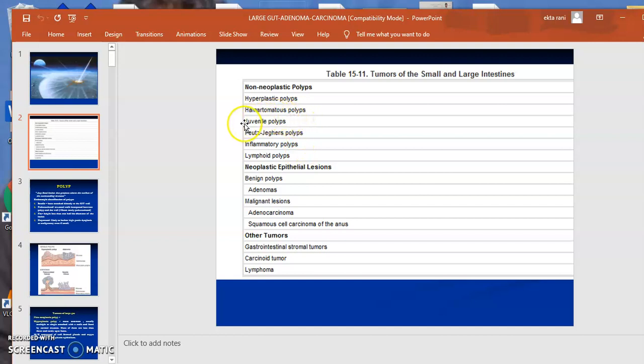And these juvenile polyps and Peutz-Jeghers polyps are under the category hamartomatous polyp. So, non-neoplastic polyps are hyperplastic polyps, hamartomatous polyps, inflammatory polyps, and lymphoid polyps. And the neoplastic polyps are adenomas, which are benign polyps.